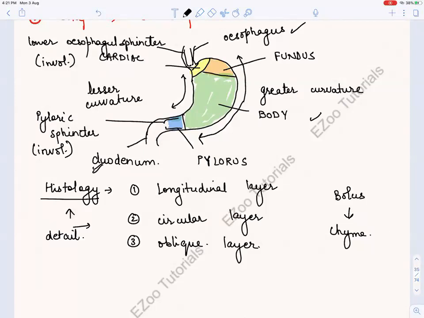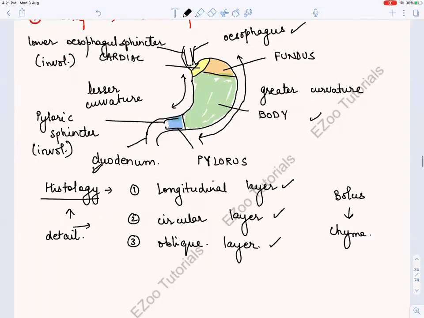So when we do histology, we'll do all these layers and the other parts in detail. Just remember all these four structures and what these sphincters are doing. Nothing much to do in this as of now, but we'll do stomach in great detail.